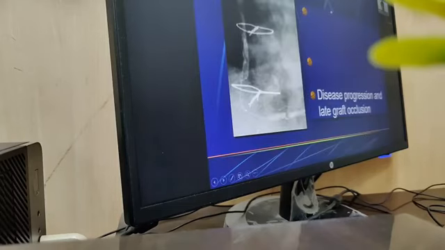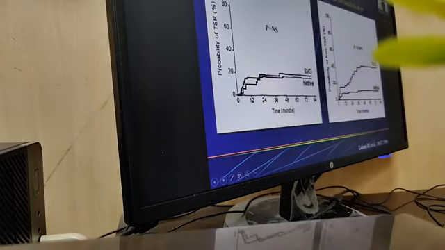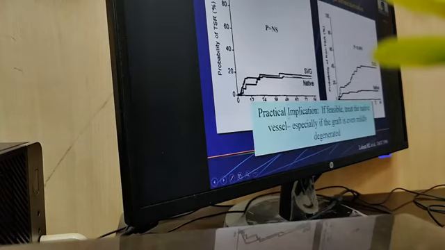Third challenge. We have covered restenosis, and we have covered no reflow or distal embolization. Now the disease progression and late graft occlusion. This is a non-PCI issue, another challenge you have to be aware of. Looking at 6-year outcomes of SVG versus native vessel PCI, they found that non-TLR events were a little high. The practical implication: if feasible, treat the native vessel.